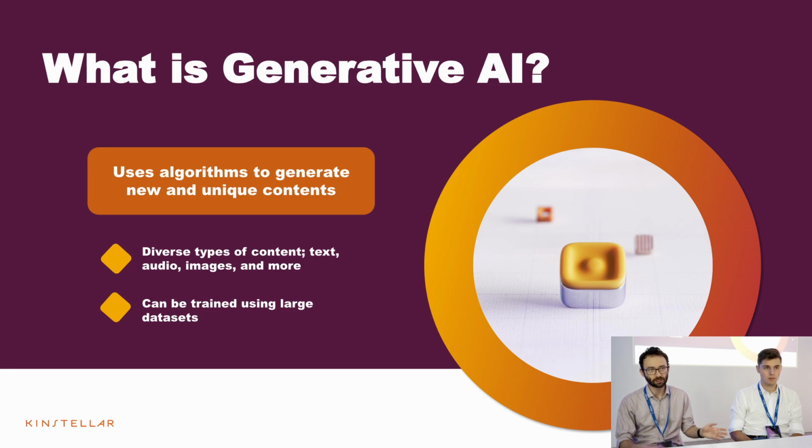So I won't go into detail in defining what it is, the definitions change, but generally we understand that it is some algorithm or an AI model that generates new and unique content. It can cover anything from audio, images, text, and more.